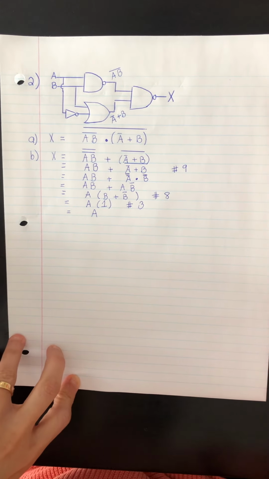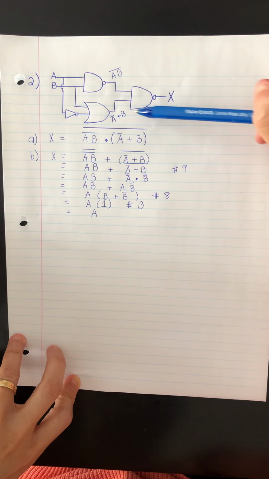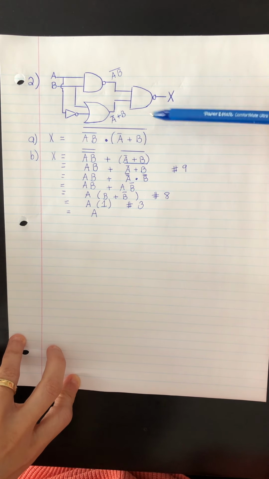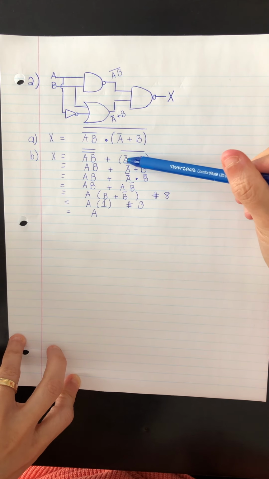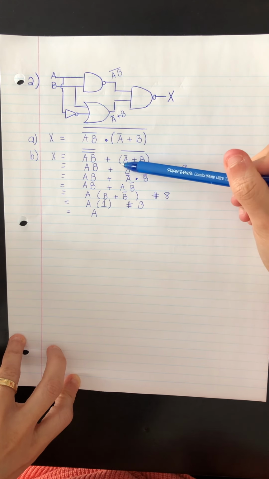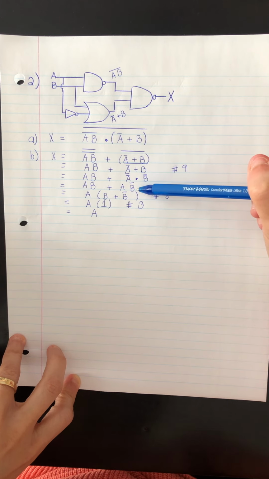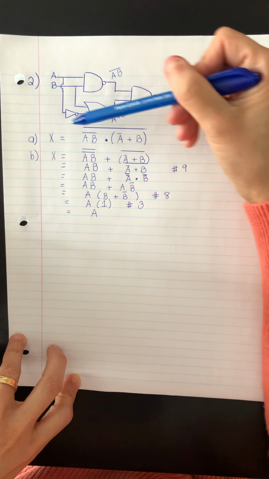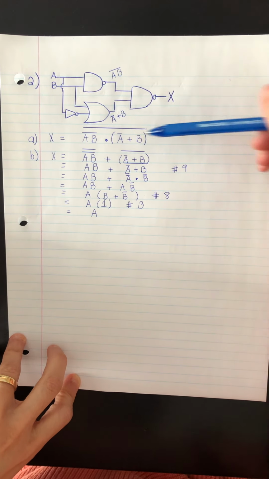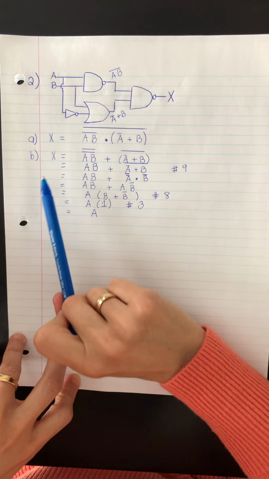Okay, so we ended up using De Morgan's law twice. Once in the first step, and then we used it again right here for this expression, making it ultimately A times B naught. Okay, what did we find out? We found out that this intricate circuit really does nothing.